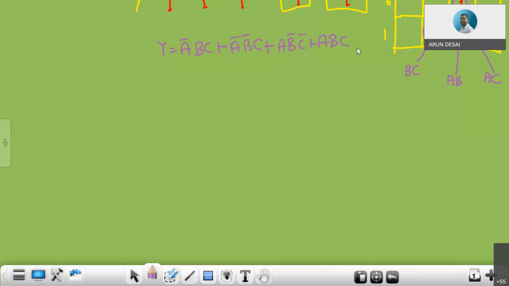And the expression for carry is AB plus AC plus BC.